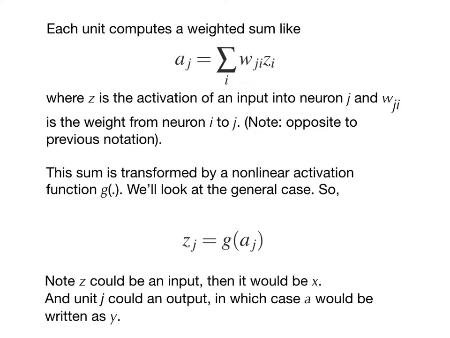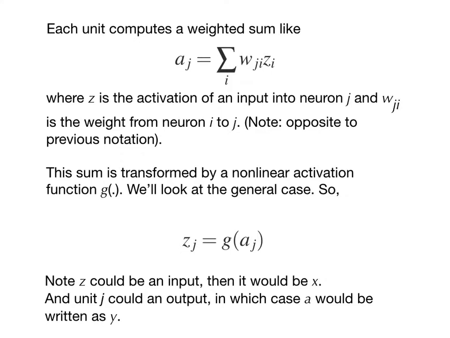Notice that w_ji is a little bit different notation to previous, and it is a little bit weird. w_ji is the weight from neuron i going to neuron j. It's sort of backwards to what you would expect, but it's commonly used in the literature. Once we've got this activation, we transform it using some nonlinear activation function.